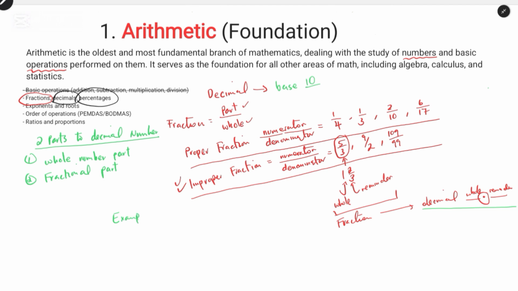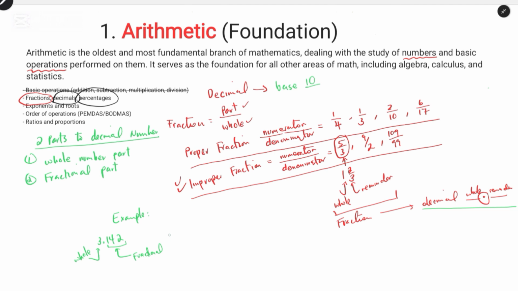Example, in such a definition, if we have 3.142, we have the whole number itself, and after the dot or decimal point, we have the fractional part.